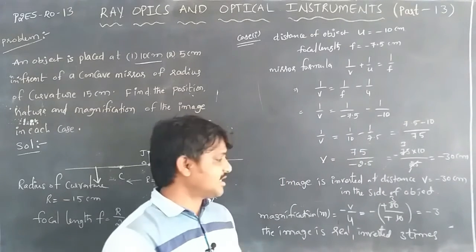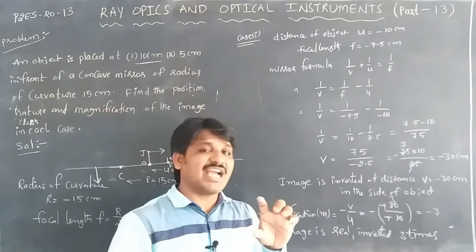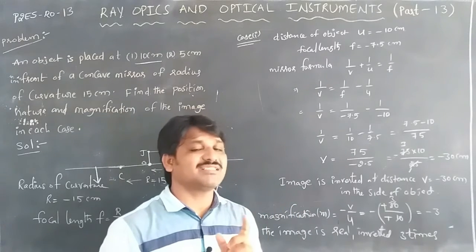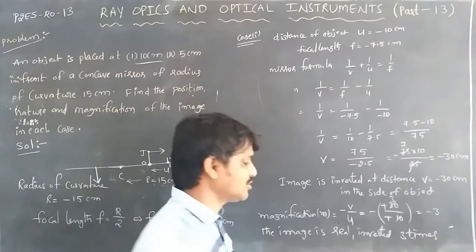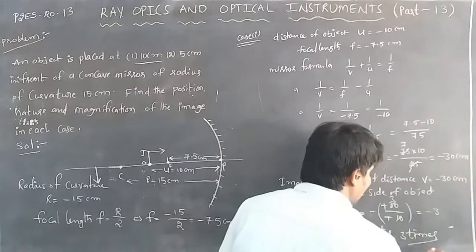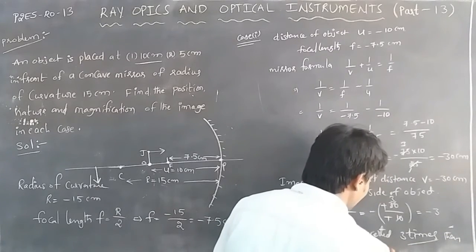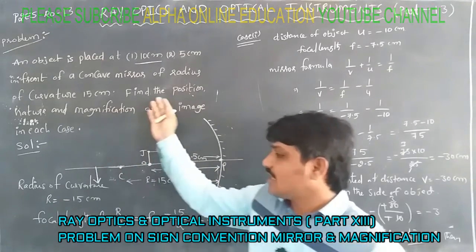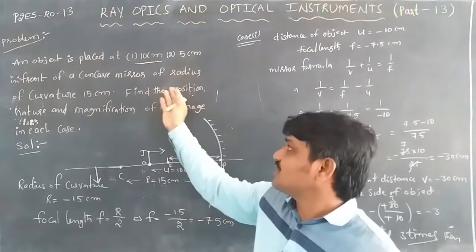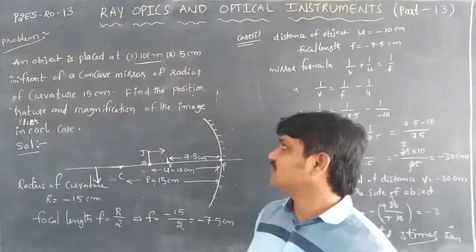It means if the object is 1 centimeter, it is magnified to 3 into 1 centimeter, that is 3 centimeters, 3 times bigger than the object. Once again, here he asked for the position of the image, the nature of the image, and the magnification of the image.